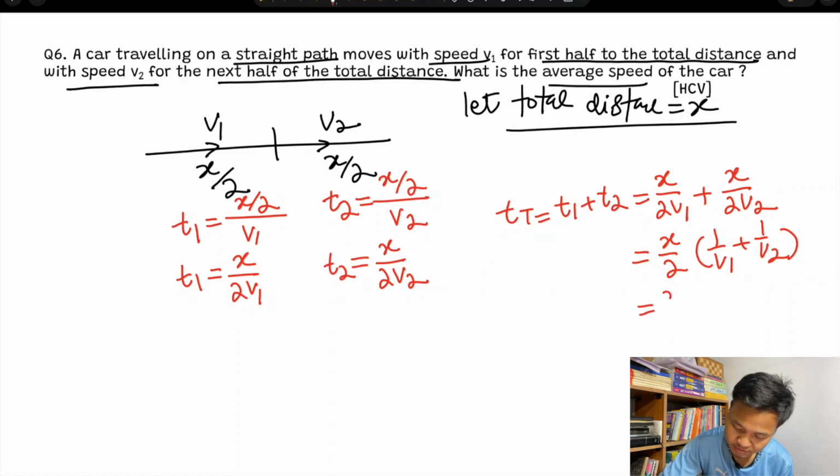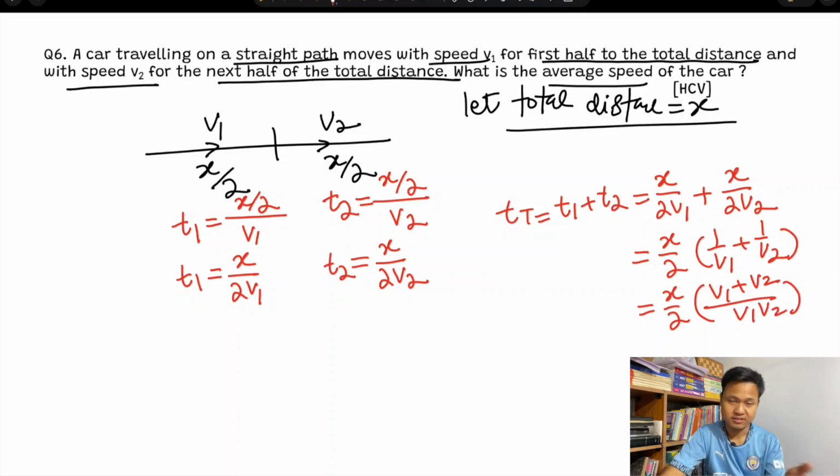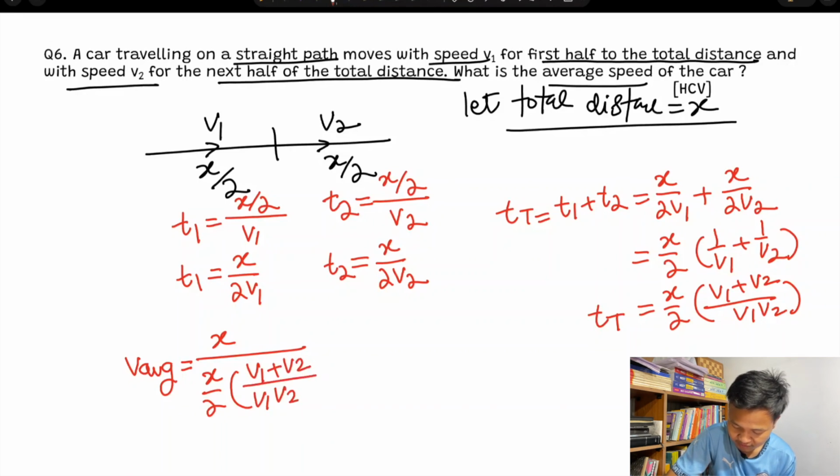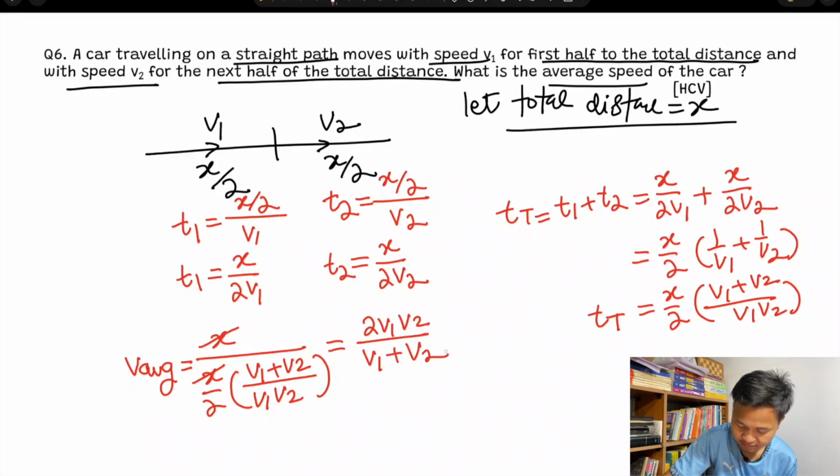Or you can write it as x by 2 into (v1 plus v2) divided by v1 into v2, taking the LCM. Now I have found the total time, and I know the total distance. So average speed is total distance x divided by total time, x by 2 into (v1 plus v2) divided by v1 v2. The x gets cancelled out, so you have 2 v1 v2 divided by v1 plus v2. This is your answer, the average speed of the car.